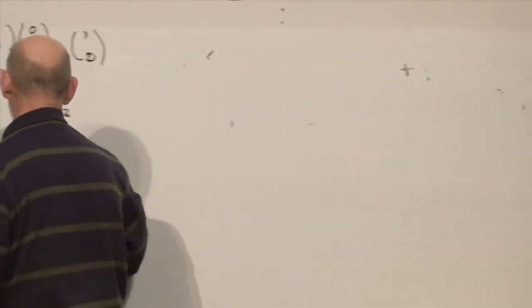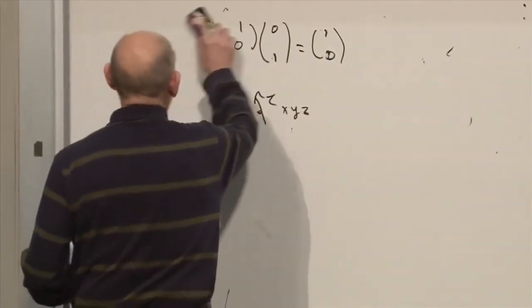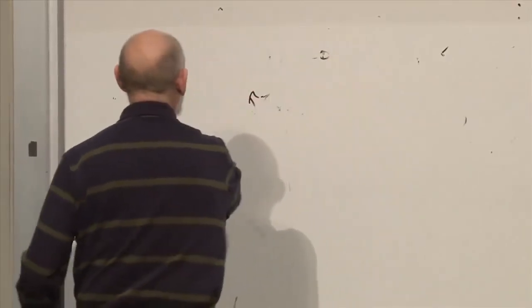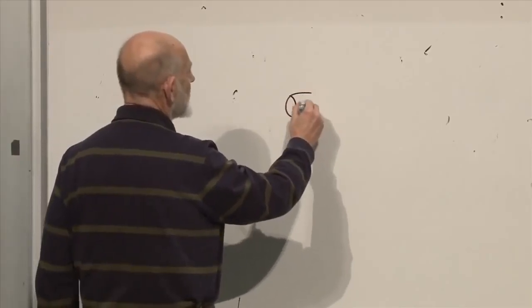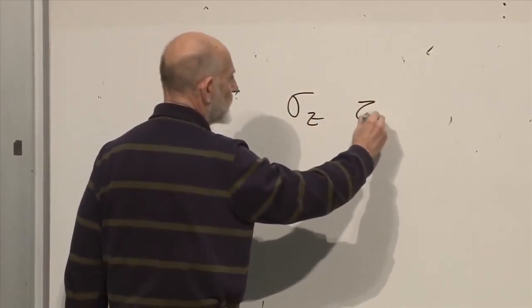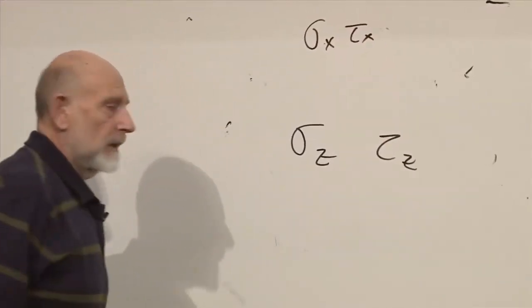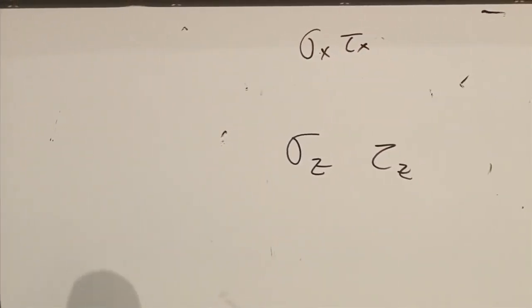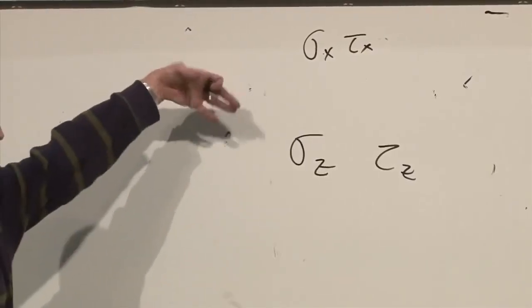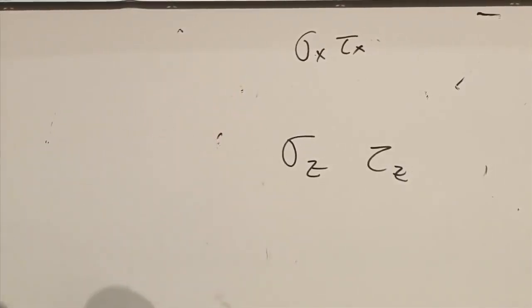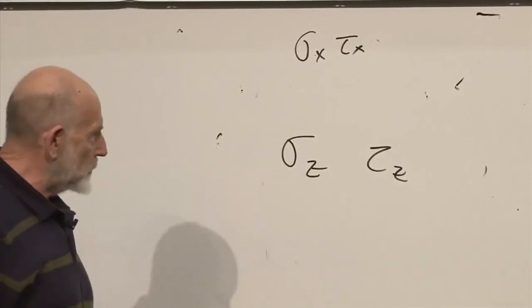Let's take the expectation value of the product of sigma z times tau z. We'll do that one. We'll do sigma x times tau x. And maybe we'll do sigma x times tau y or sigma x. We'll try some examples. Let's take the expectation value of this.